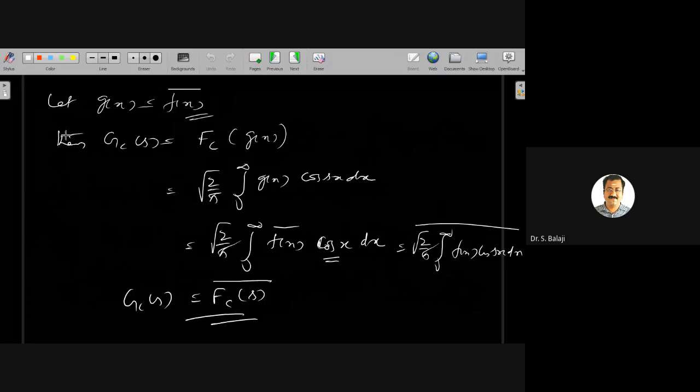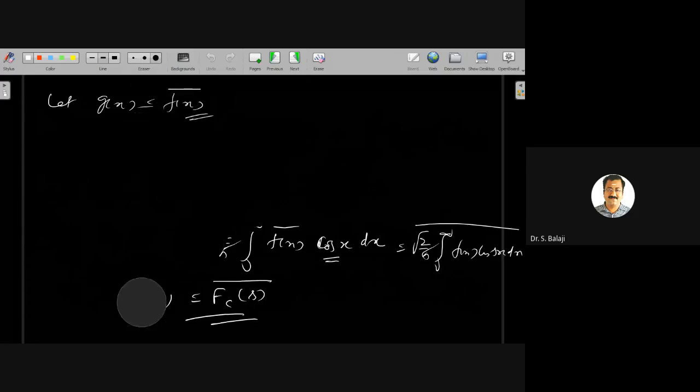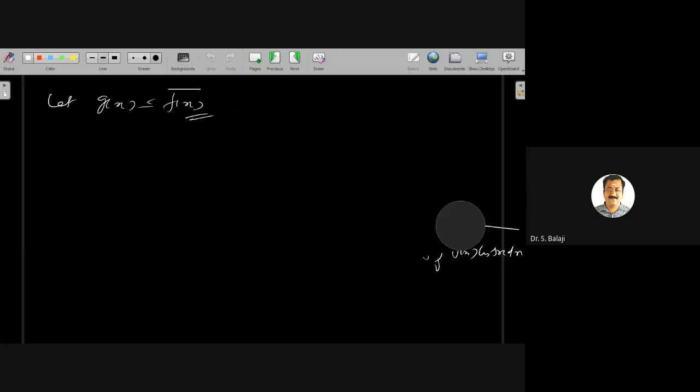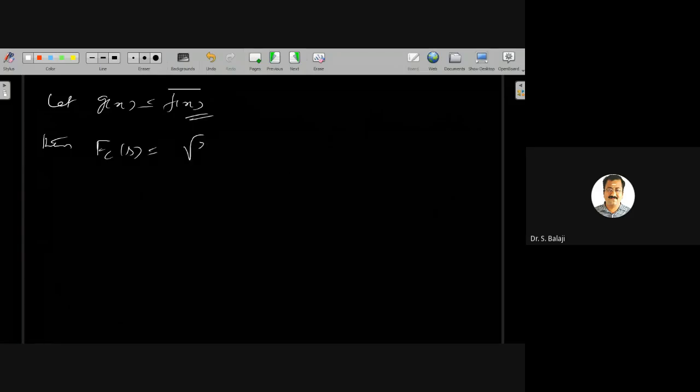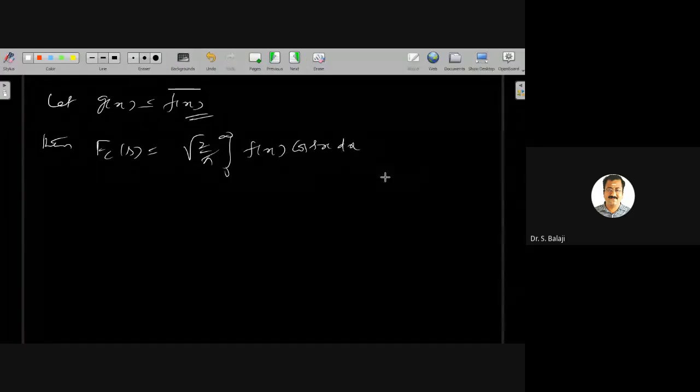I will consider fc(s) first, then that will be somewhat understandable. Then fc(s) is equal to root of 2 by pi times the cosine transform of f(x).